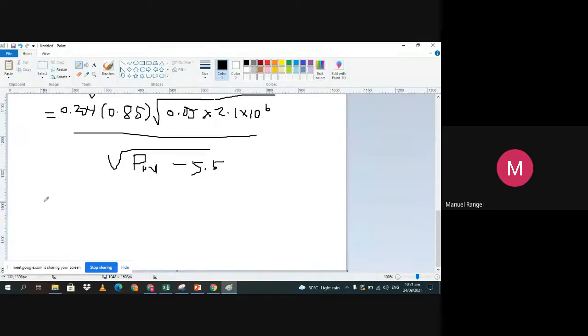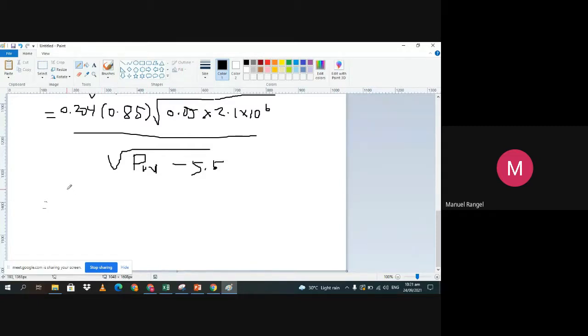Okay, so it would give us a value of 0.204 times 0.85 times square root of 0.05 times 2.1 times 10 to the 6, which is 56.188.